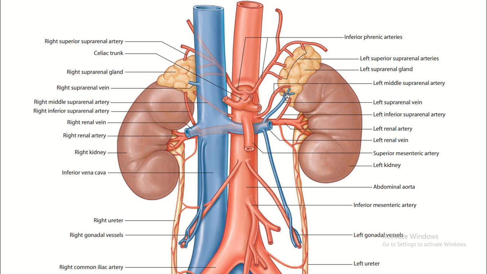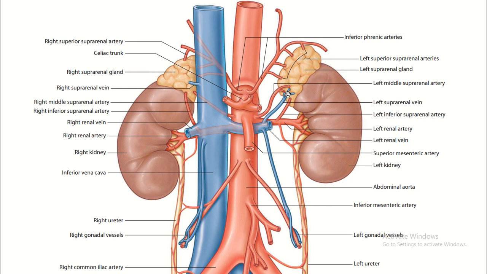Though you have three sources of blood supply, you only have a single venous drainage, right? You have a single vein, which is called your suprarenal vein.